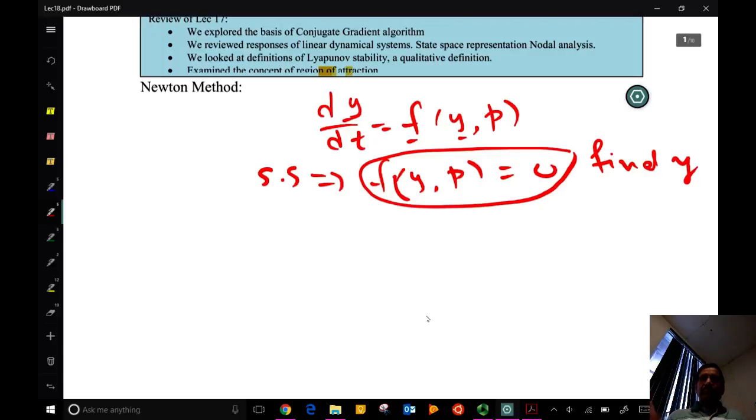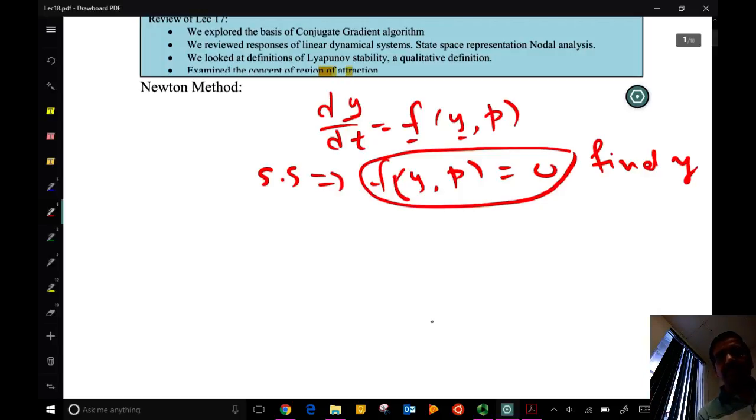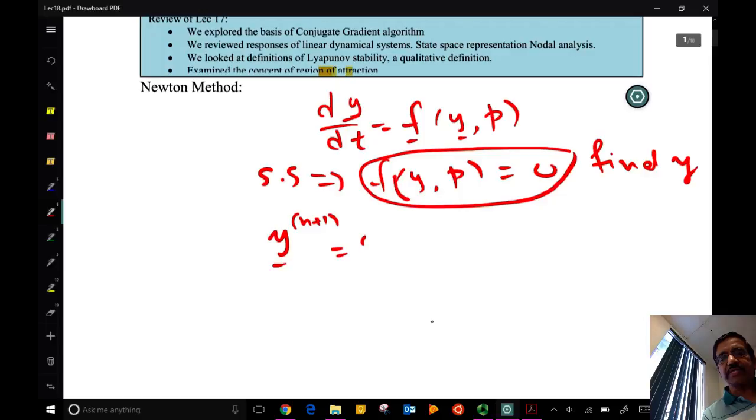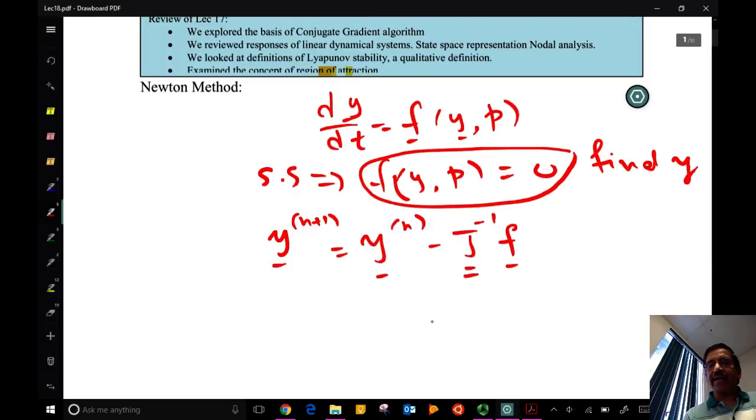When you do that for a system of equations, the algorithm is simply the following: y at the (n+1)th iteration is equal to y at the nth iteration minus J inverse times f. These are vectors, and they are evaluated at the nth iteration, where n goes from 0, 1, etc.